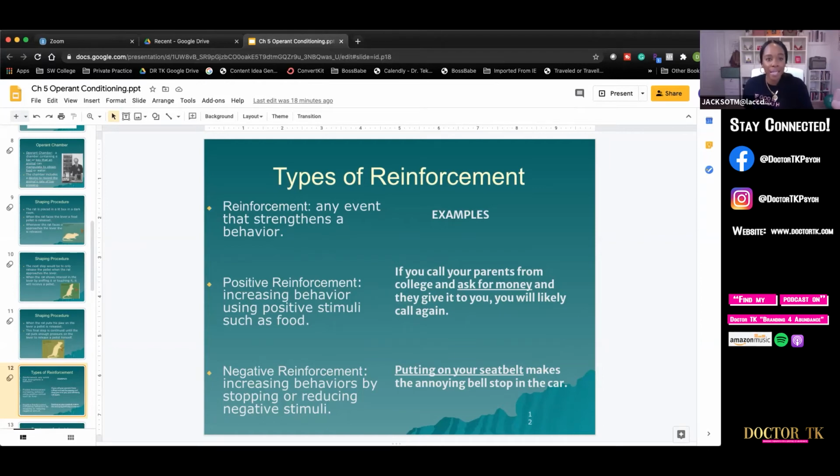For every C, he got $5. Now here's the catch. If he got a D, he was minus $15. And if he got an F, he was minus $20. So technically, if his report card was split, he would be probably negative or a zero.